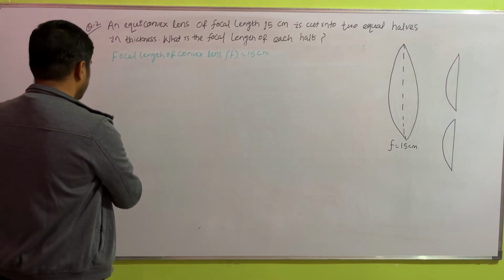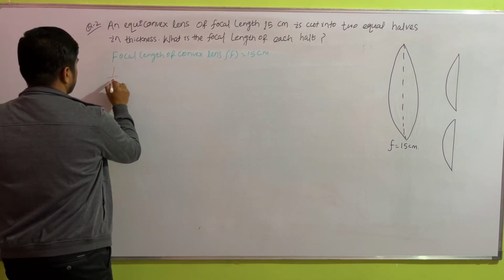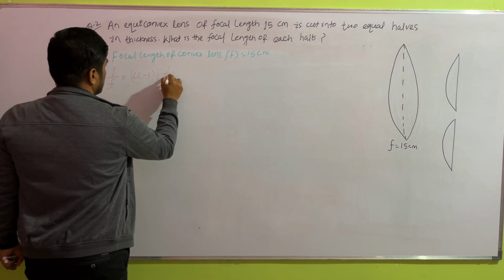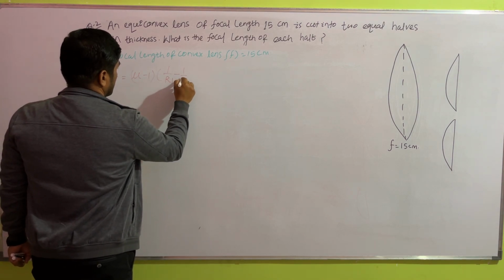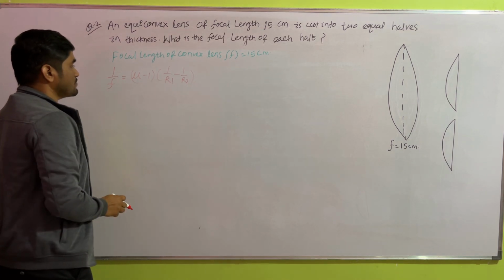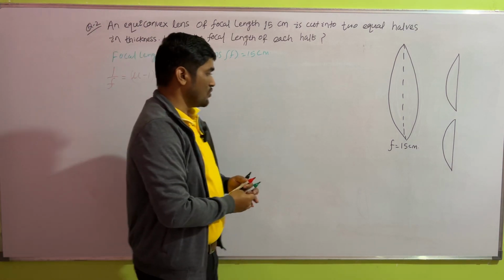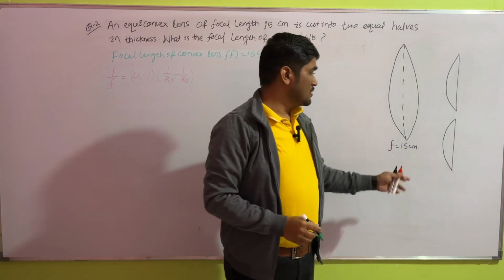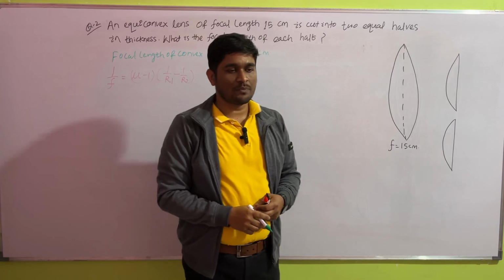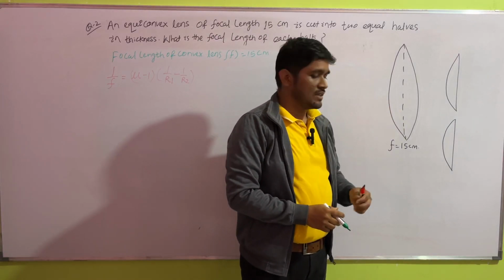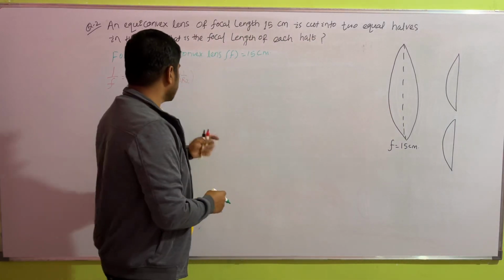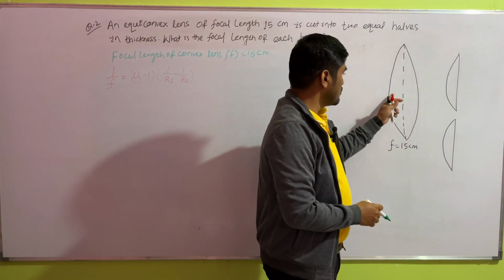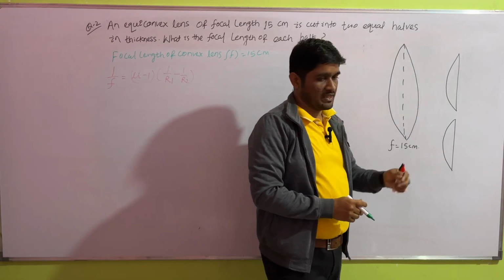What is the lens maker's formula? That is 1 divided by f equals mu minus 1 multiplied by 1 divided by r1 minus 1 divided by r2, where f is the focal length of the lens, that is given 15 cm, and mu is the refractive index of the lens, and r1 and r2 are the radii of curvature of the first surface and second surface.